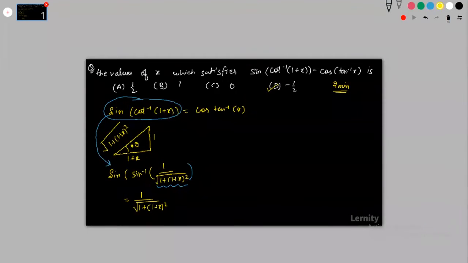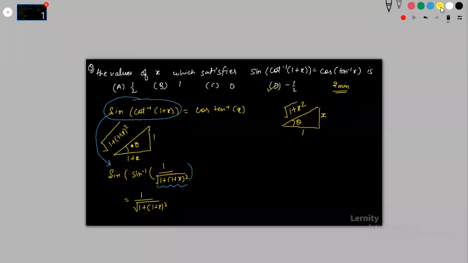Now this is cos of tan inverse. Again I will write this in terms of a triangle. So tan inverse of x, this is suppose theta, so x is height, base is 1, so the hypotenuse will be root of 1 plus x square, right?